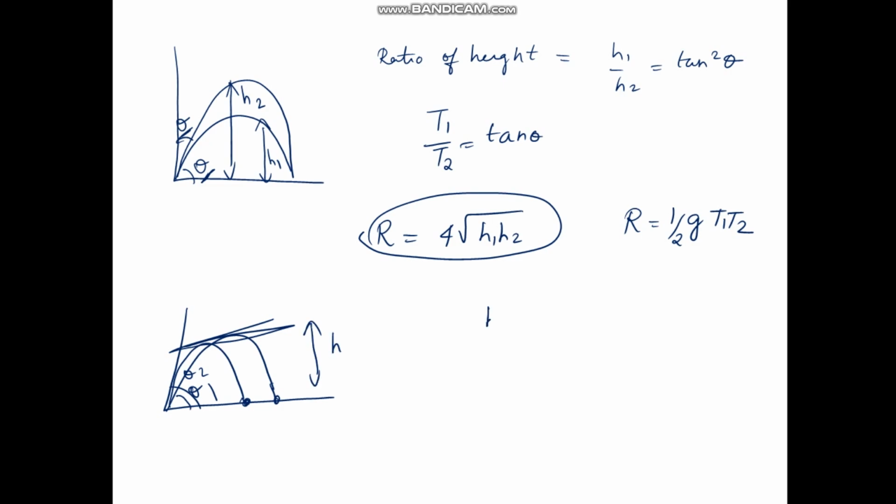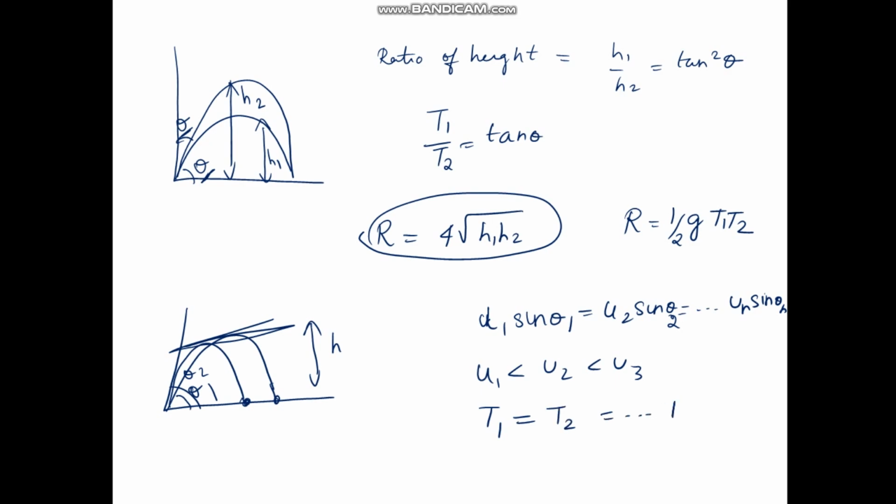Then we can say that u1 sin theta 1 is equal to u2 sin theta 2, equal to un sin theta n, and u1 is less than u2 is less than u3, and remember that in all the cases t1 is equal to t2, equal to tn.